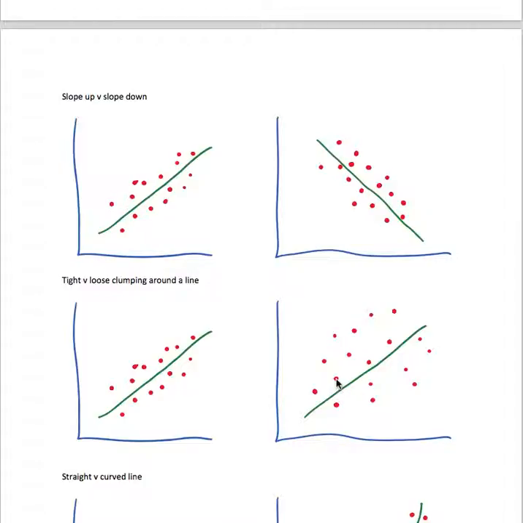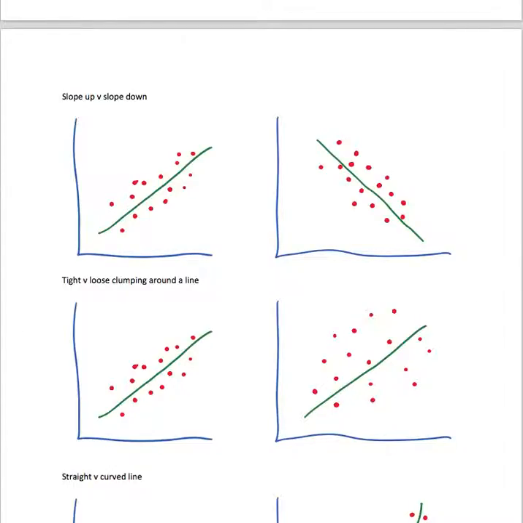Here on the right-hand side, if we had a little invisible string to connect some of these dots, some of them are really far away from this green line. And so this is a little bit looser. The tightest clumping you'll see is if all the points fall exactly on the line, and the loosest that they can be is if they're just sort of randomly all over the place and there really isn't any pattern at all.